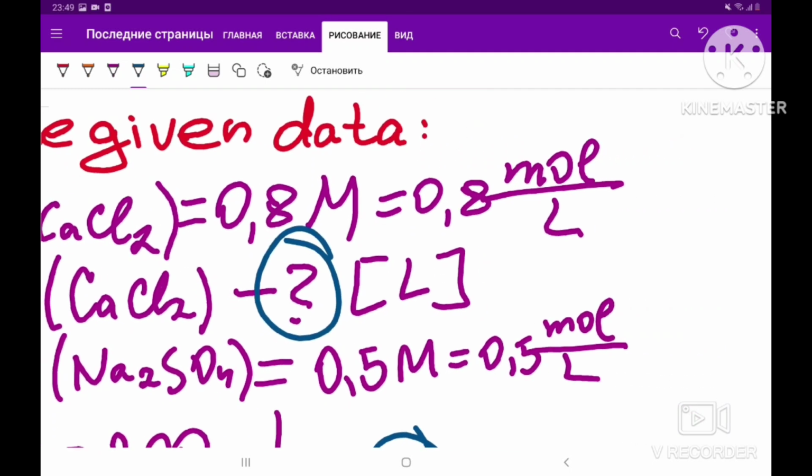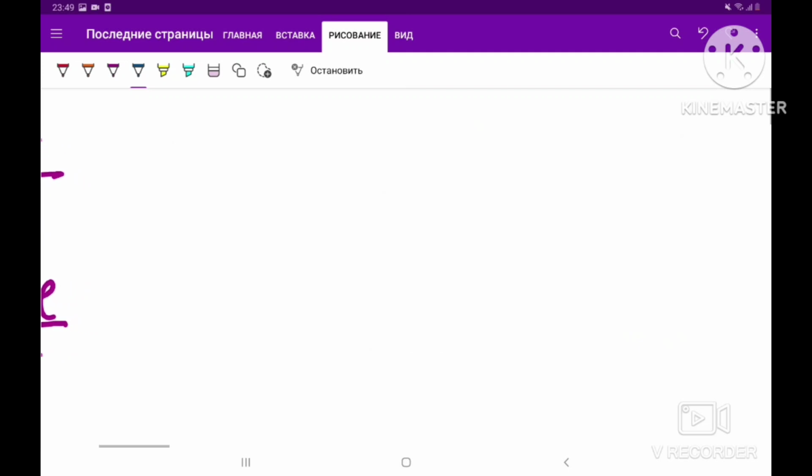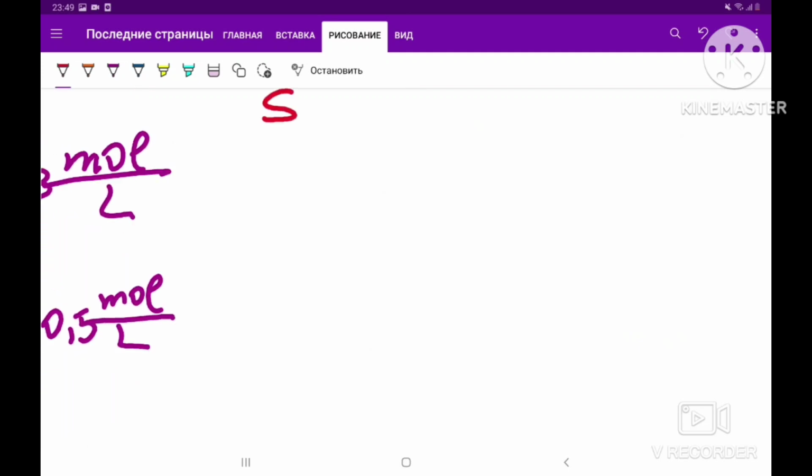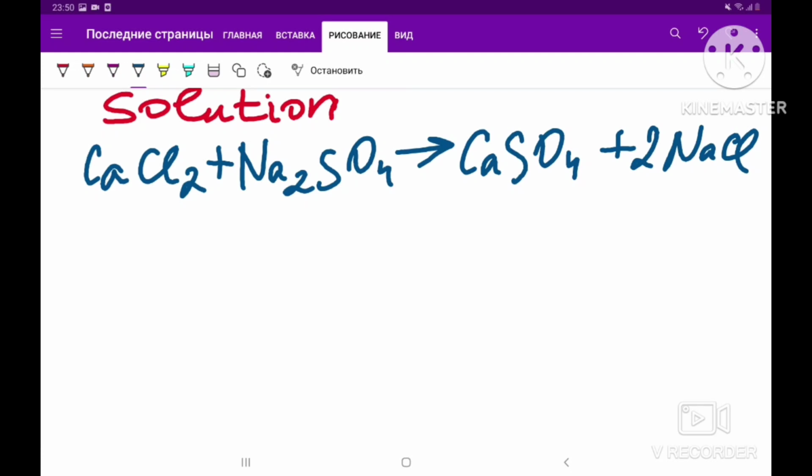Well, let's now do this solution. Move to the solution part. Okay, let's see what we have and how we can use it. If you look at the reaction, pay attention to the coefficients. The calcium chloride, sodium sulfate, and calcium sulfate all have coefficient 1, while sodium chloride has coefficient 2. If we divide the number of moles by their stoichiometric coefficients, we will find the stoichiometric conditions.